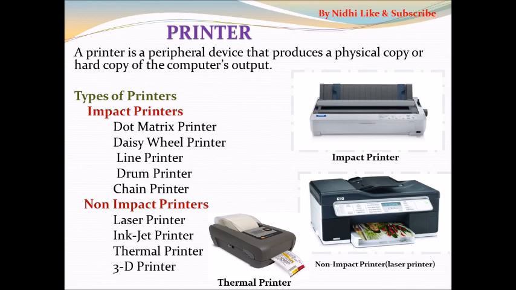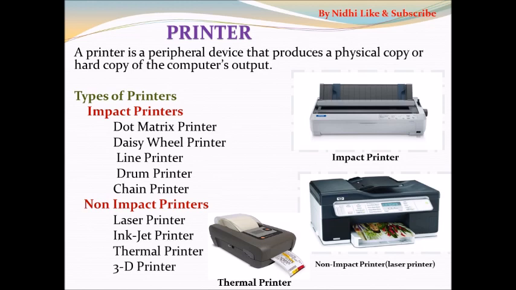Okay. So these impact printers are more noisy as compared to non-impact printers, and these non-impact printers do not allow physical contact between the printing heads and paper, and they use a chemical process to do the printing. They do not strike against the inked ribbon or the paper which is being printed. Only the ink used for printing touches the paper.